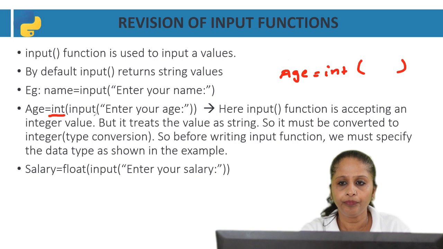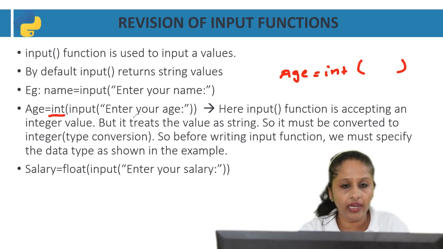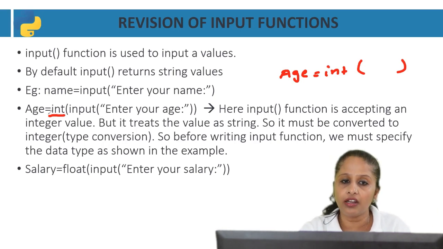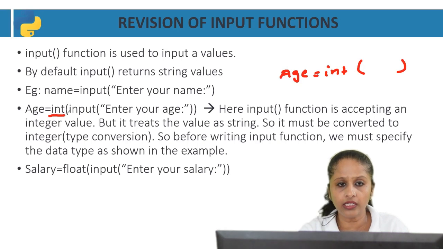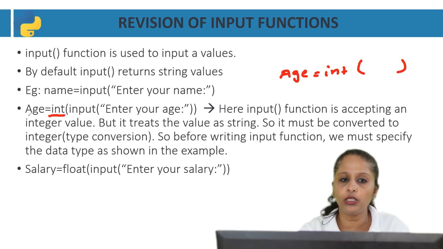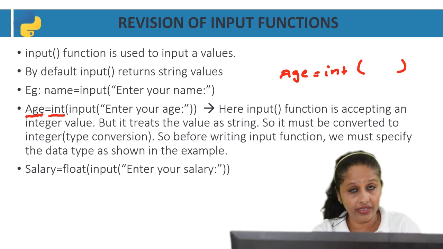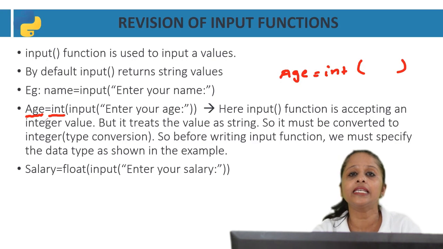So that means your age, for example, if it is 17, 17 will be accepted as a string by input function, and that string will be converted to integer when it is executing this part, and that integer 17 will be assigned to the variable age. So now age will have 17 and that 17 is integer.